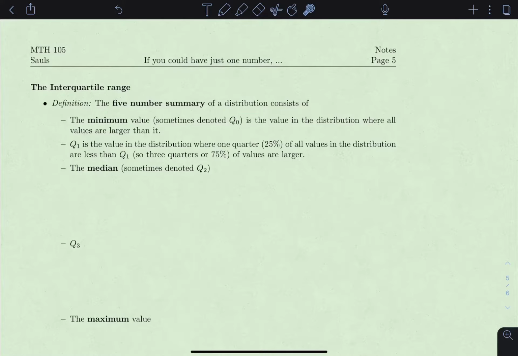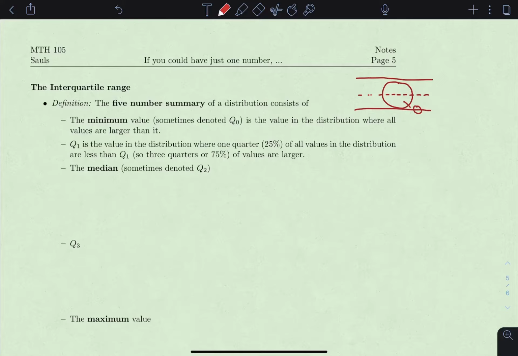And you've already met 3 out of the 5. The minimum value is one of the numbers in the 5-number summary. Sometimes it's given the label Q0, and that 0 is a subscript.